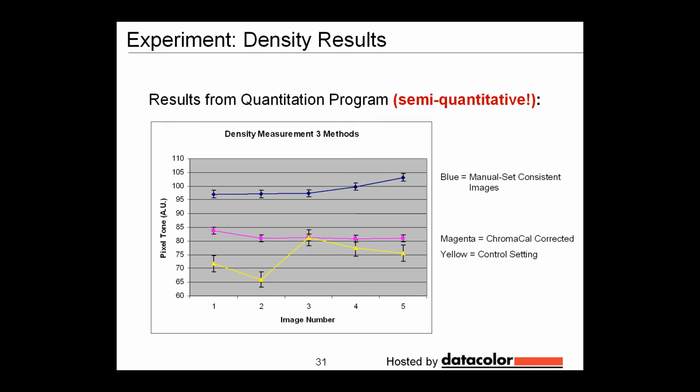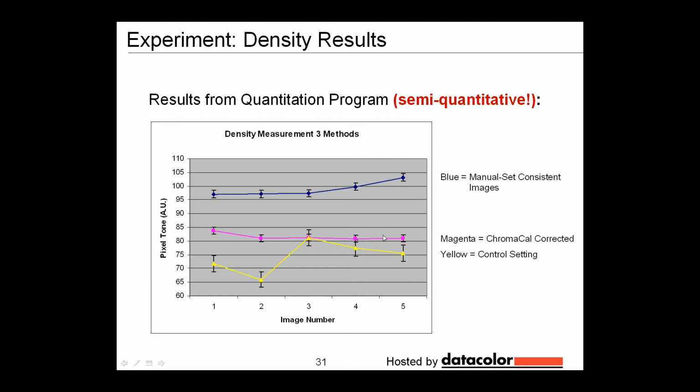And here are the results along with the control. The blue shows the measurements that resulted from the images that I set consistently in Photoshop. The magenta shows the ChromaCal corrected images, and the yellow shows the control. You can see there's quite a bit of variability in the control, where only one threshold was applied to inconsistent images.